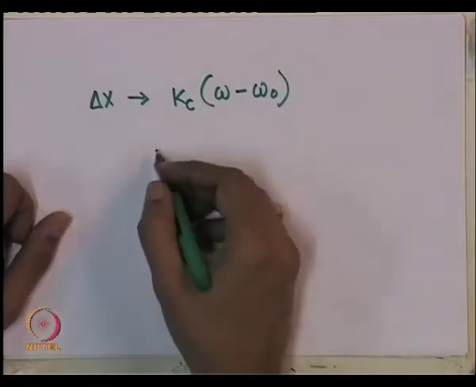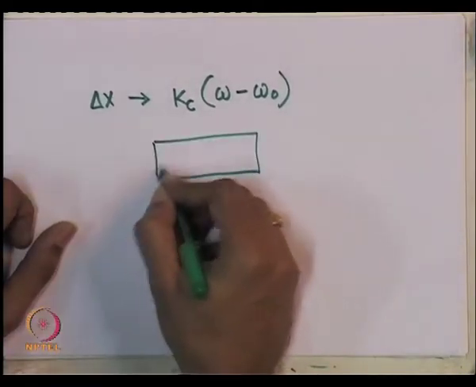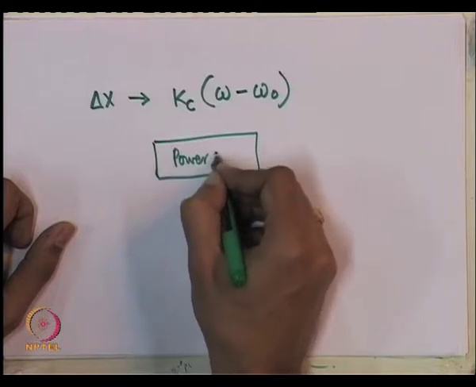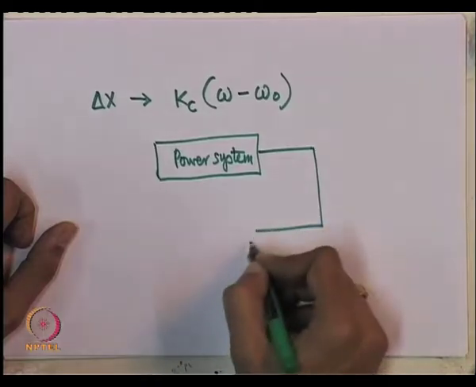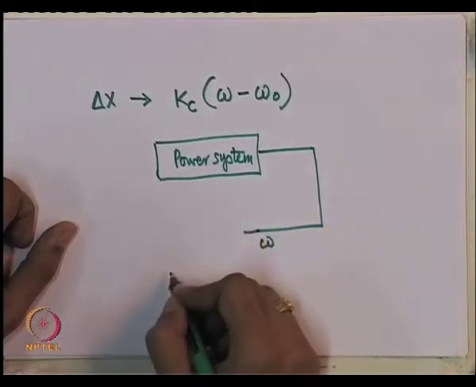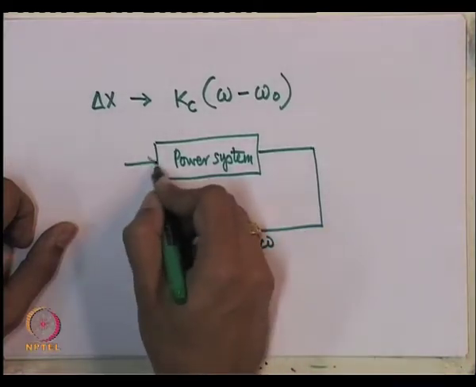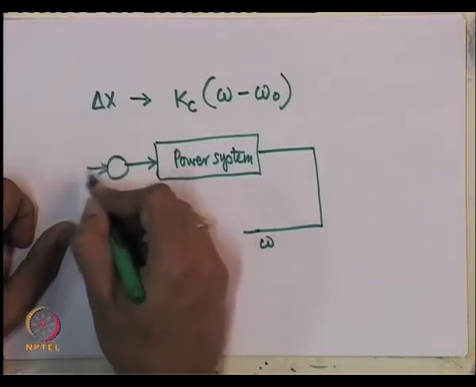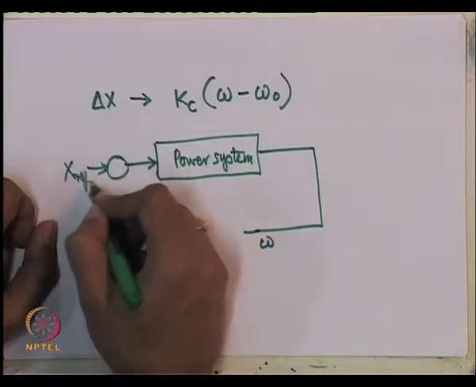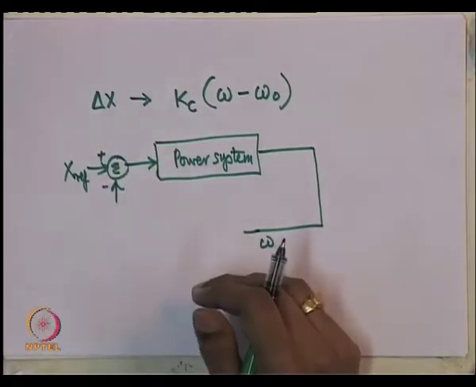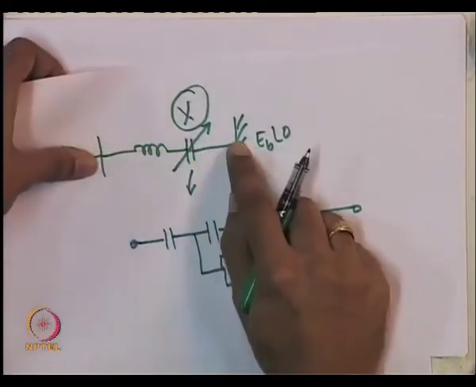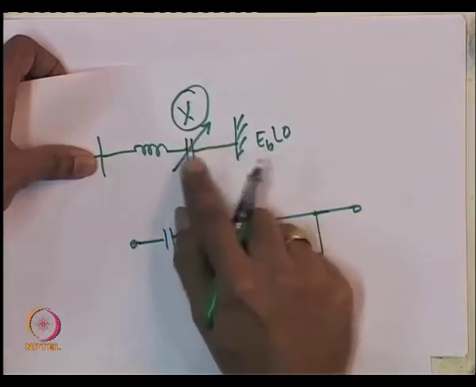So what I am doing is, this is your power system. I measure the speed omega. I modulate the reactance of the transmission line by changing this. The overall reactance of the line can be changed by changing the reactance of this.